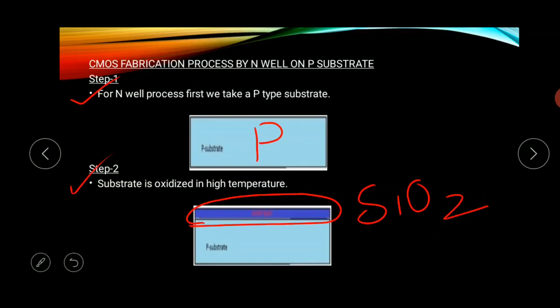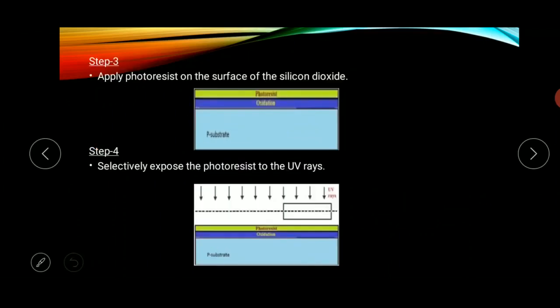It is done by exposing the substrate to high quality oxygen and hydrogen in an oxidation chamber at nearly 1000 degrees centigrade. In step 3, apply photoresist on the surface of the silicon dioxide. For selective etching, the silicon dioxide layer is subjected to the photolithography process.